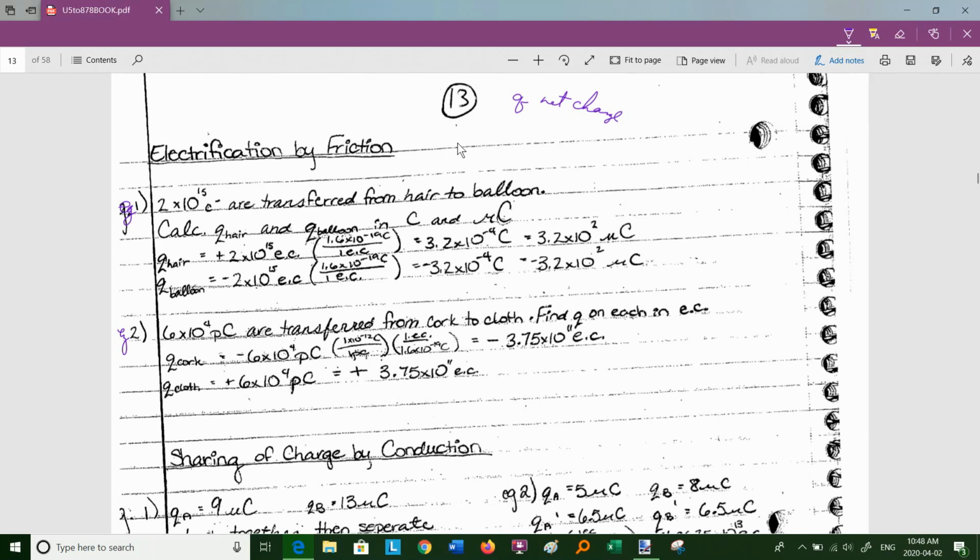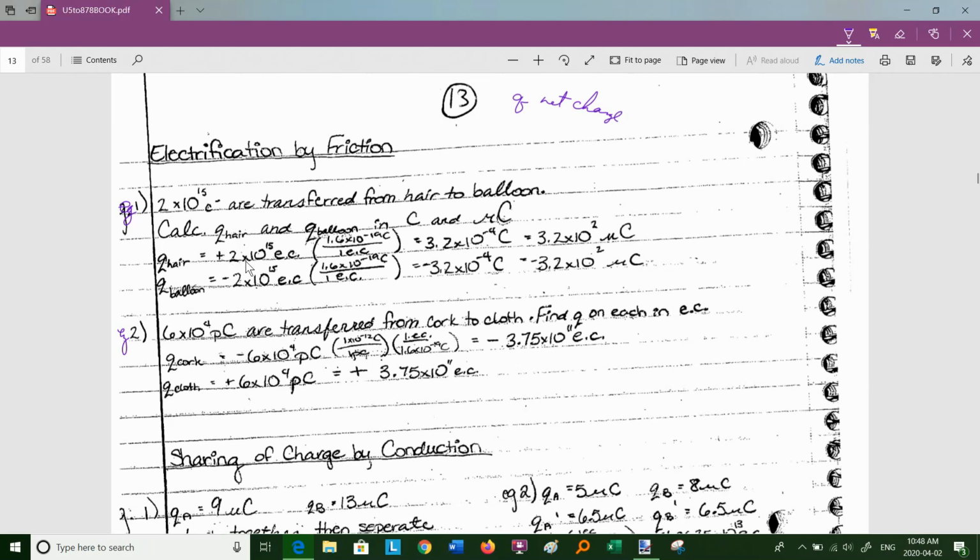So if 2 by 10 to the 15 electrons are transferred, then the hair now has lost those 2 by 10 to the 15 electrons, so it has a deficiency of 2 by 10 to the 15 electrons. So it has, therefore, a charge of positive 2 by 10 to the 15 elementary charges.